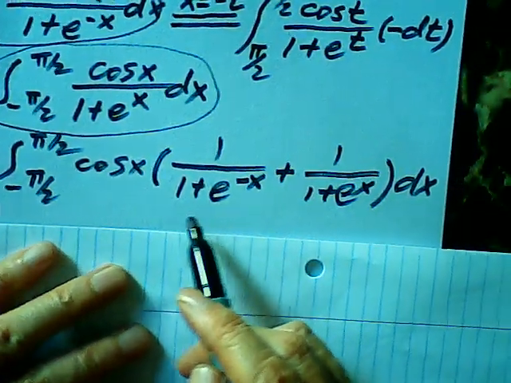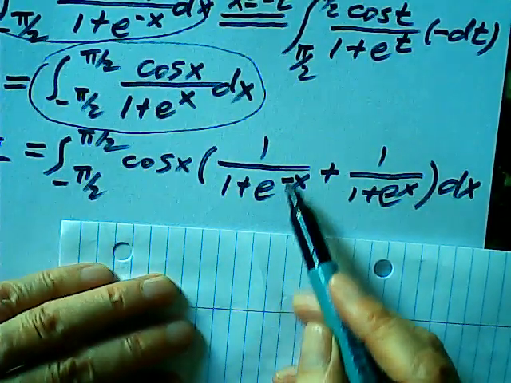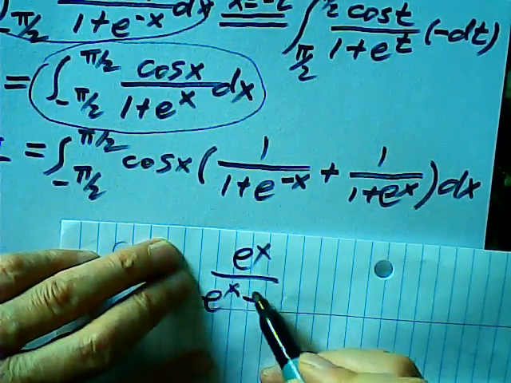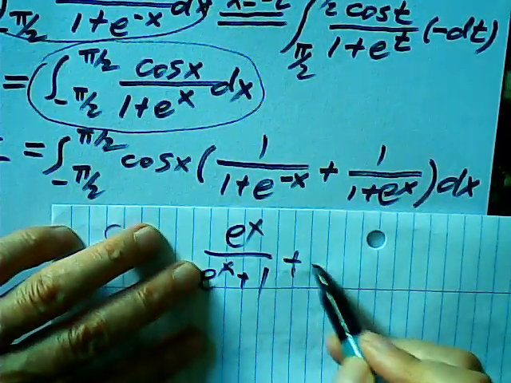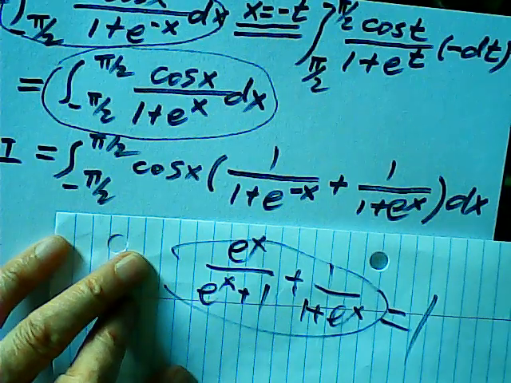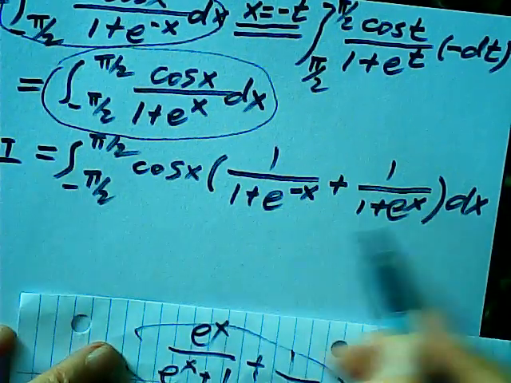This one, if I multiply by e to the power x, becomes e to the power x over e to the power x plus 1. Plus this one, 1 over 1 plus e to the x, this is equal to 1, isn't it? So this is equal to 1.